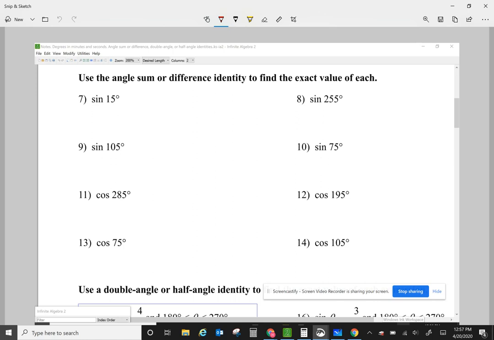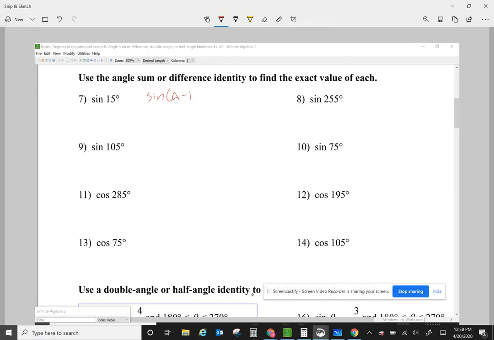So for question 7 and 8, I'm going to use subtraction. We could do addition or subtraction, but in my case, I'm going to subtract. So let me remind myself the formula for subtraction.